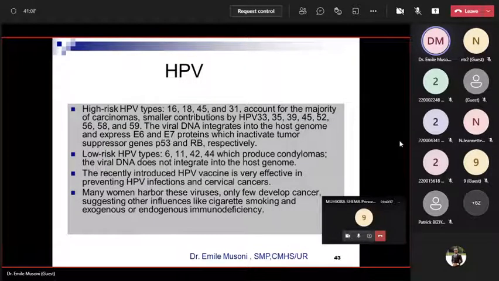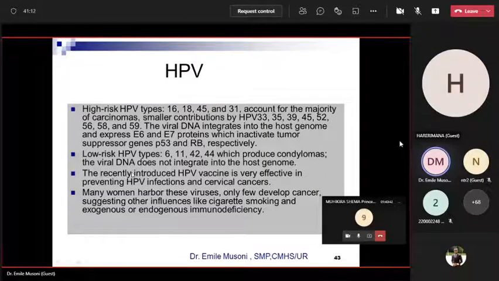About HPV, there are high risk and low risk types. This is why when you suspect HPV, it is better to do the HPV DNA test. With that HPV DNA test, you will identify low risk and high risk.